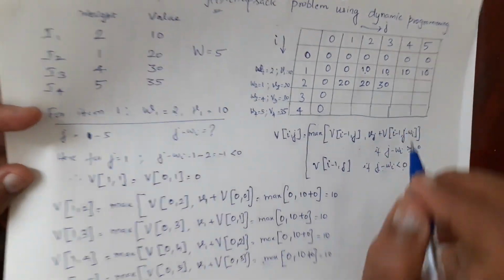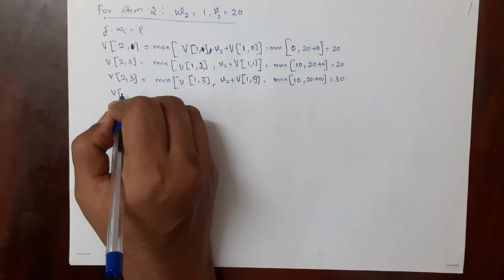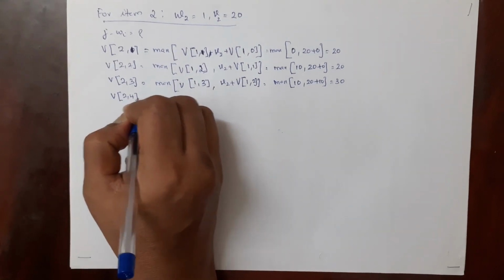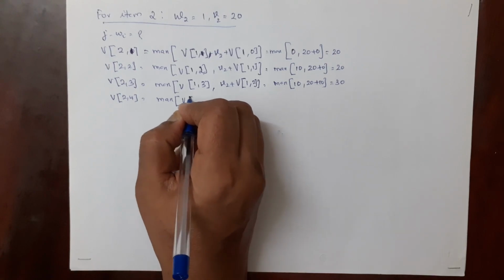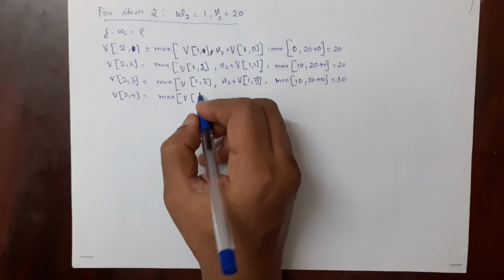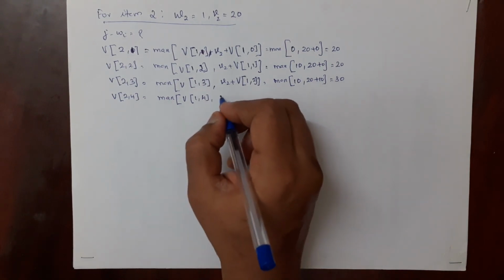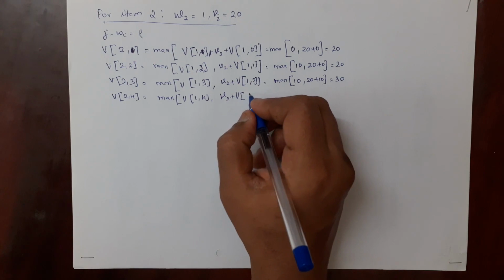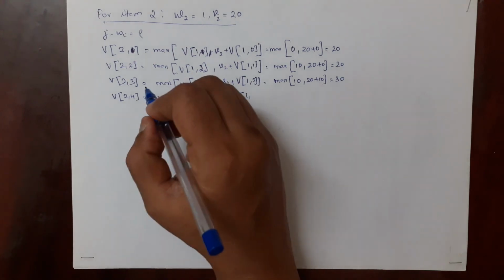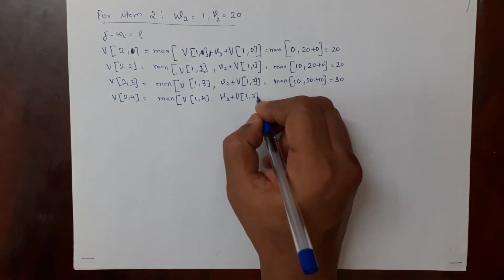Next we have to find what is v of 2 comma 4. 2 comma 4 is equal to maximum of v of I minus 1, that is 1 comma 4, comma v2 plus I minus 1, that is 1 comma j minus wi, j value is 4 minus wi is 1, 4 minus 1 is 3.